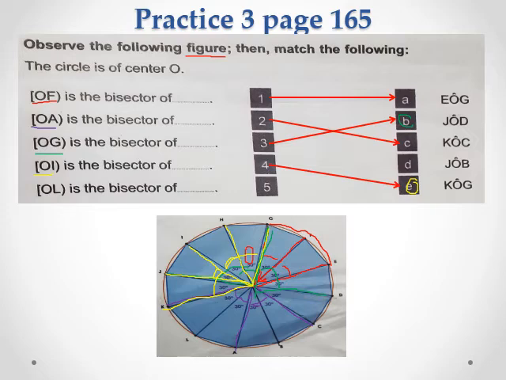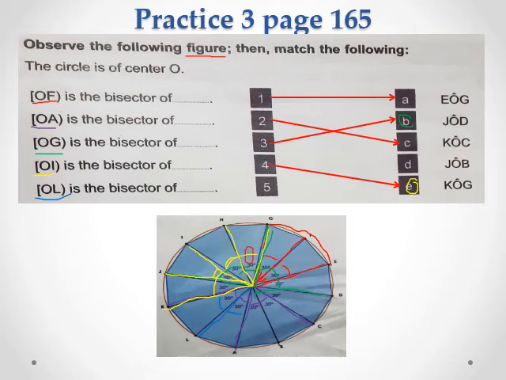Now OL is the bisector of what? Here is OL. It's the bisector of KOA, if I take one angle to the right and one angle to the left. KOA is not mentioned, neither AOK.